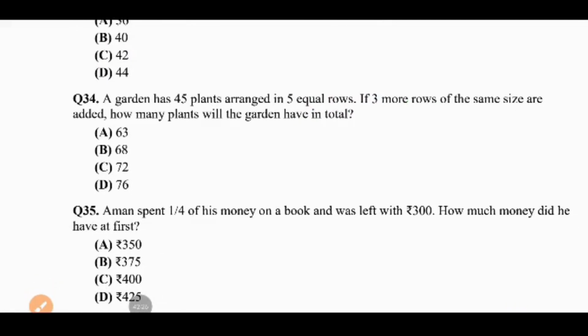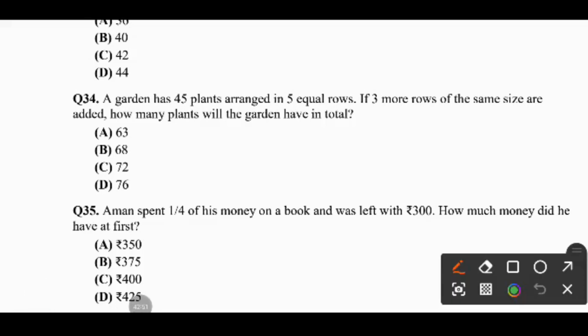Come to question number 34. A garden has 45 plants arranged in 5 equal rows. If 3 more rows of the same size are added, how many plants will the garden have in total? Beautiful question. Hot question, I can say rather. So how will we do it? Those who know, please go ahead, try. Rest, please stay focused. Plants per row, how will you find out?